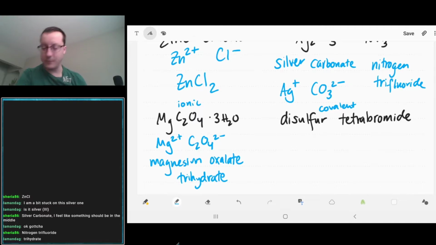And last one, hopefully the easiest one of them all so far. Covalent compound, of course, because we have di's and tetra's and all that fun stuff in there.